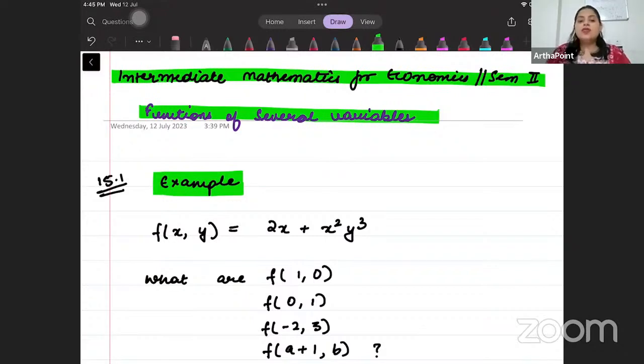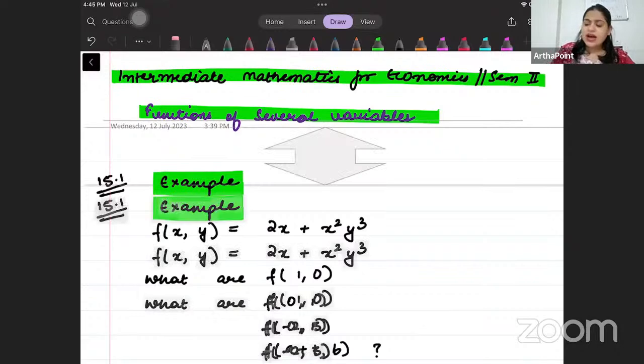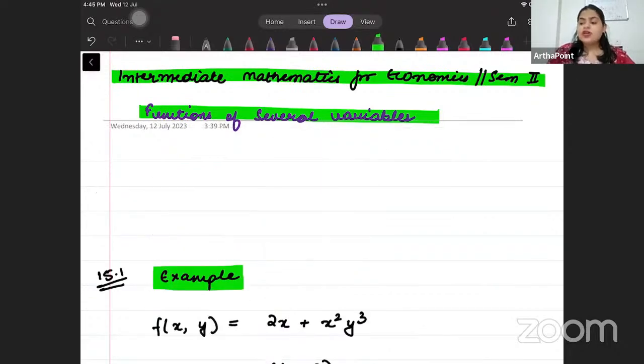Okay. Now, when I say function, what is a function? We have already done in the last semester what a function of a single variable is. So when I say y is a function of x, it means that when you assign some value to x, you get a corresponding value of y.